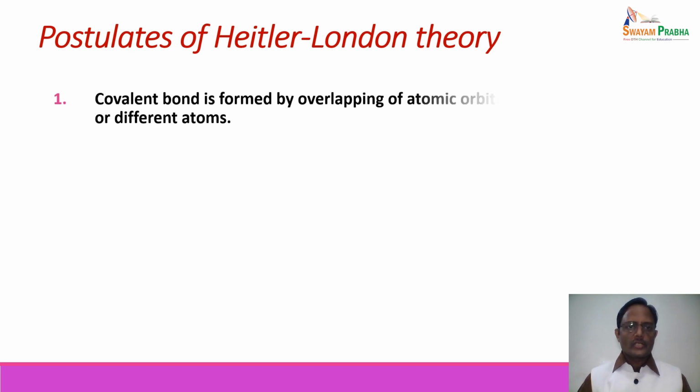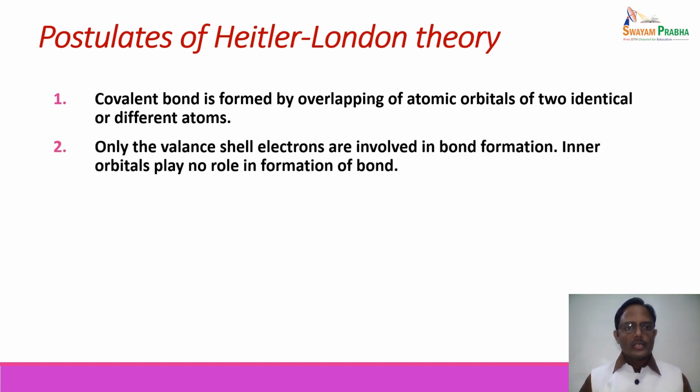Coming to the postulates, the first postulate is that the covalent bond is formed by overlapping of atomic orbitals of 2 identical or different atoms. So the first thing which is important is that the atomic orbitals should undergo overlapping for the formation of a covalent bond. Secondly, only the valence shell electrons are involved in the bond formation.